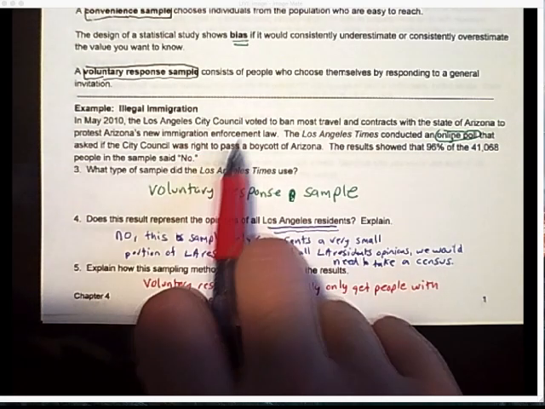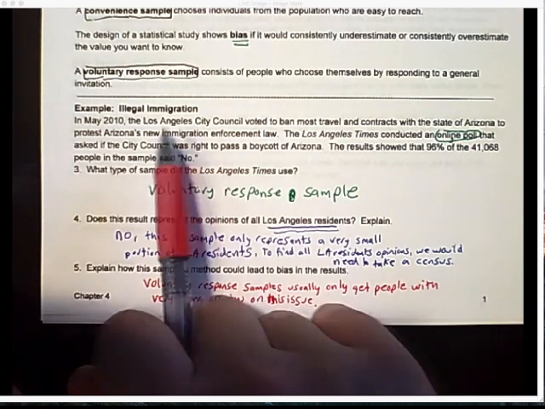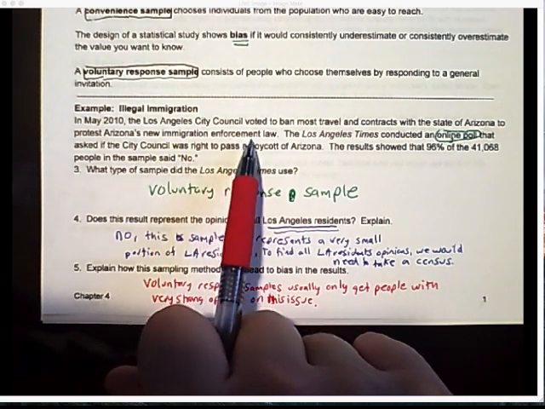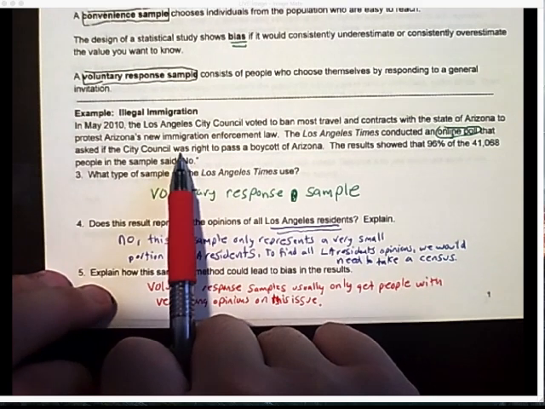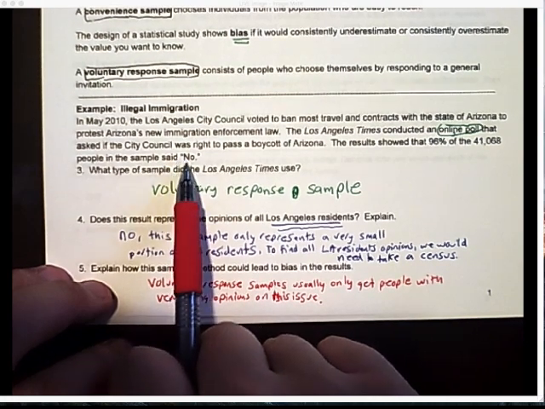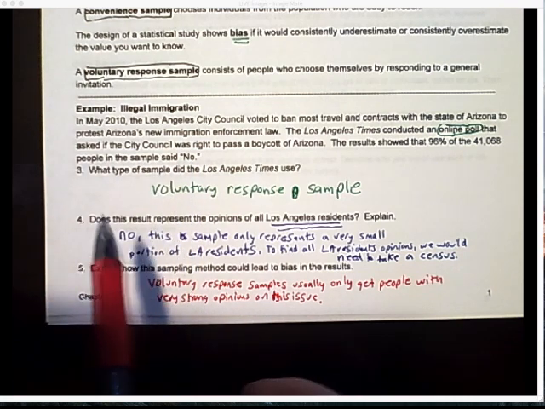The LA City Council voted to ban most travel and contracts with the state of Arizona to protest Arizona's new immigration enforcement law. Then they asked, is the city council right to put this ban into place? And most people said no. So they think the city council should not have banned Arizona.